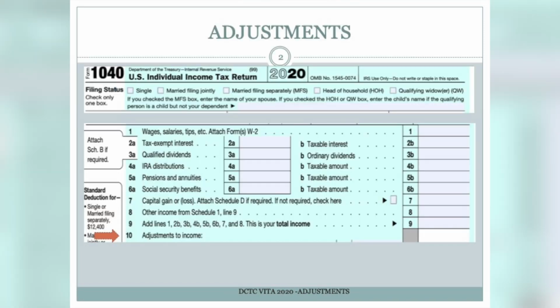Once again, this is a portion of the Form 1040 tax return, page 1. Take a close look at line 9, total income.